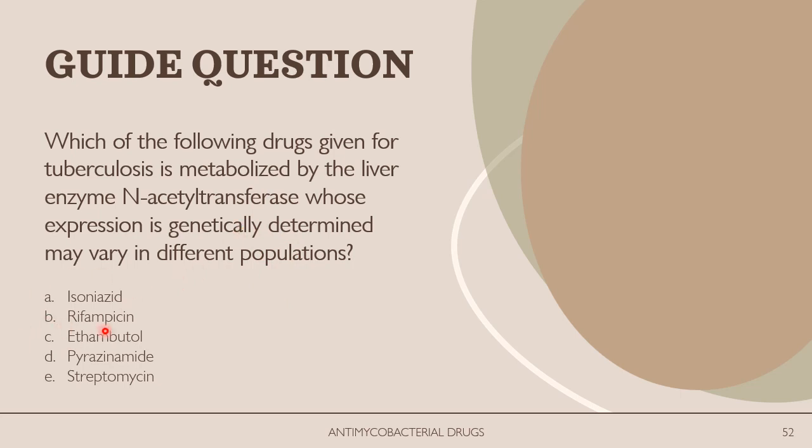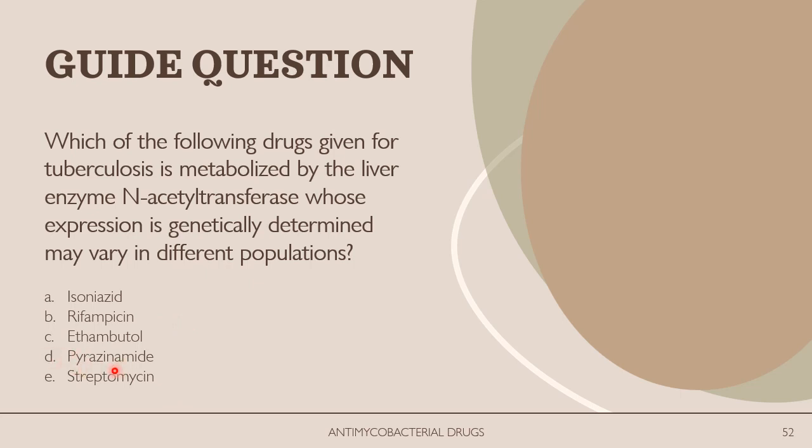The rifampicin naman is famous for causing red-orange urine, okay, or red-orange secretion. Pwede tears, saliva, okay. Your ethambutol naman, sa letter E, it can cause eye problem. Okay, it can cause red-green blindness.